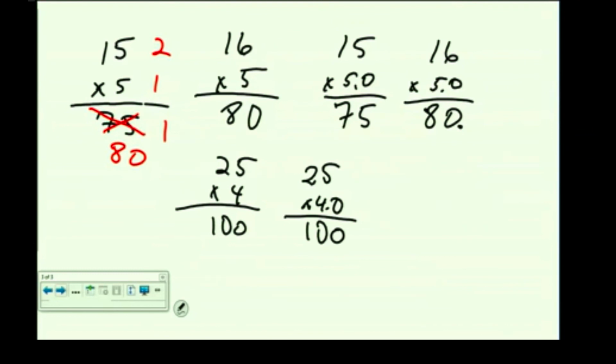Who says that this one's right? Why is this one right? Because it has 1 sig fig in it, doesn't it? Very good. 2 sig figs, 1 sig fig, the answer can only have 1. Okay, yeah, you answered my question.